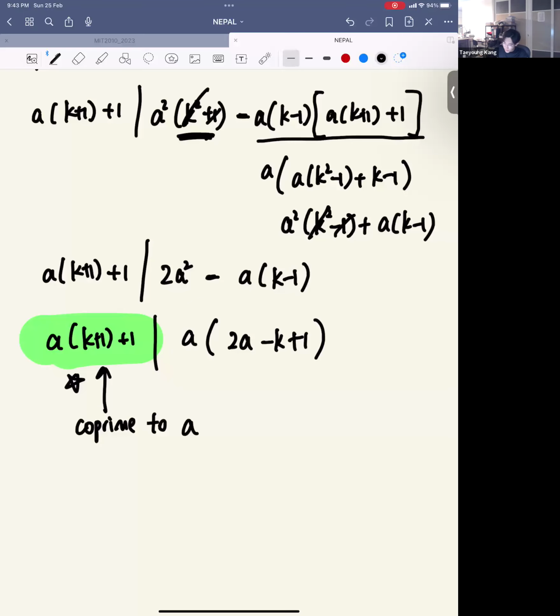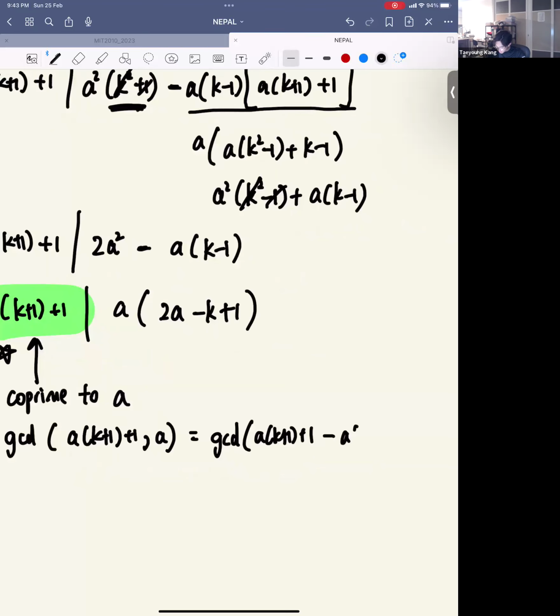So if you did a Euclidean algorithm on this, it would be the GCD of A(K plus 1) minus (K plus 1) times A, which is just the GCD of 1 and A, right?